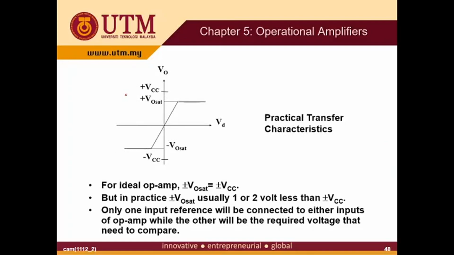Okay, so this slide shows the practical transfer characteristic. The difference between this slide and the previous slide is that for the practical characteristic, the open loop gain is not infinity. The ideal A open loop is infinity, but in practice it's not infinity, though it's quite large, larger than 10,000 times.